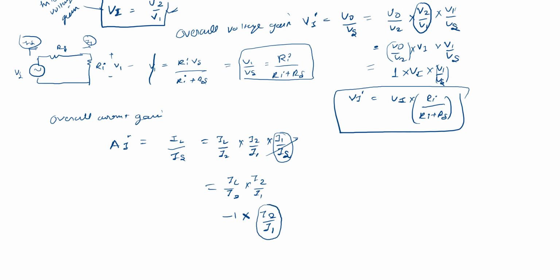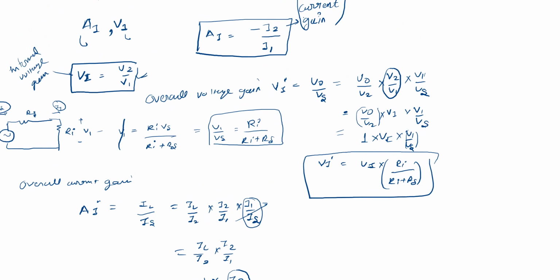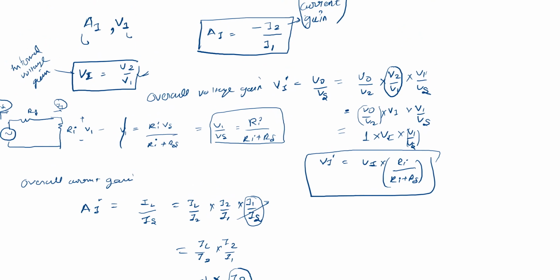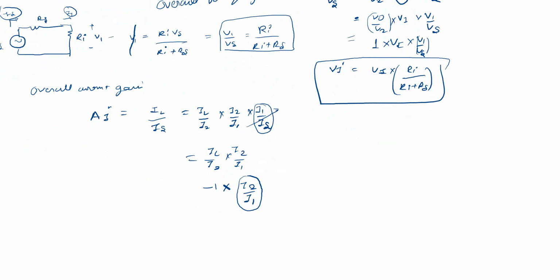This minus I2 upon I1 is your AI. So you replace it with this part, and the 1 is nothing but 1 here. So that is 1 multiplied by minus I2 over I1, and this is the same thing, the AI. So finally we got AI dash equal to AI.